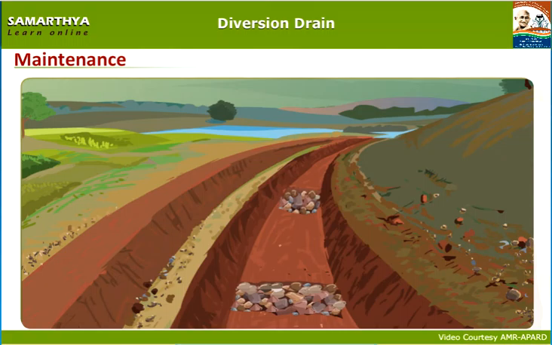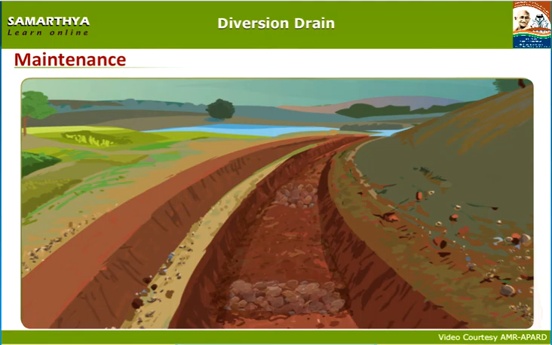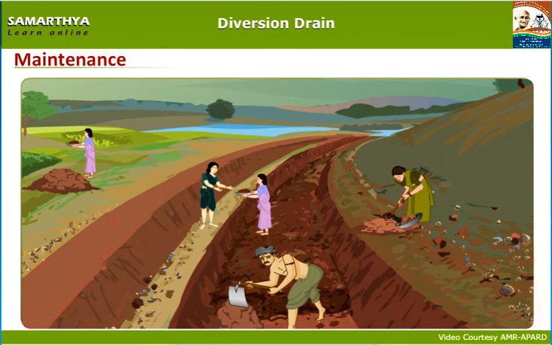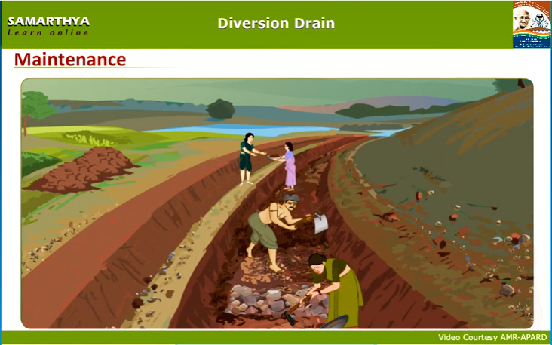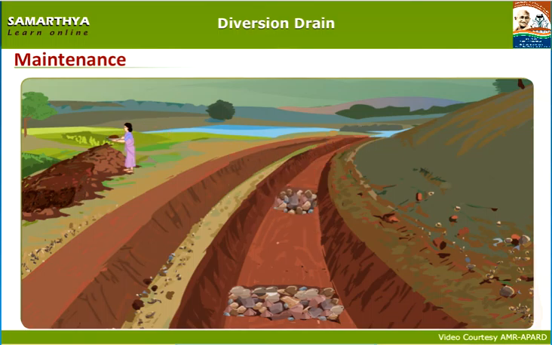In rainy season, flood water from hills brings alluvial soil and deposits silt in the canal. Remove this silt as and when filled. Otherwise, this silt gets deposited in the diversion canal and water gets filled quickly and overflows into the fields.